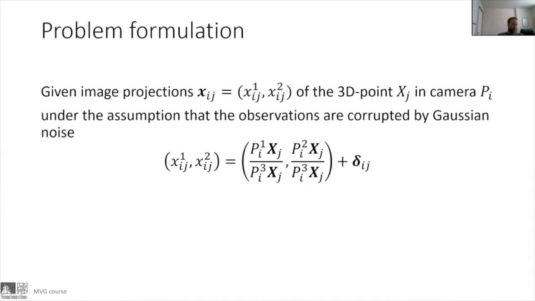You can argue with this assumption, but actually it's only necessary theoretically. It's not necessary practically. So actually you have the projection here. Here you have the projection of the 3D point using the camera matrix to the image plane, and you add a Gaussian noise.